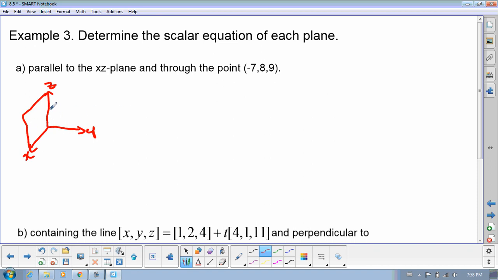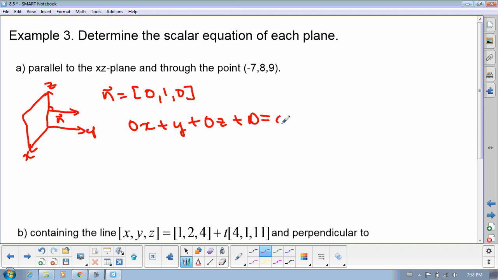So if I picture my normal, the normal is the what? The y-axis. So what can we use to represent the y-axis? That's right, the unit vector. So my normal would be 0, 1, 0, or we could call it the j unit vector. So I have 0x plus y plus 0z plus D equals 0.